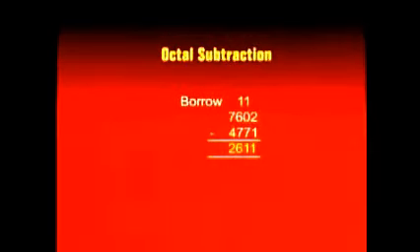Consider the subtraction of octal 4771 from octal 7602. The two numbers are subtracted by first subtracting the least significant digits, octal 1 from octal 2. The difference is octal 1. Next, octal 7 is subtracted from octal 0. A borrow is required from the next most significant digit. Borrowing a 1 means subtracting octal 7 from octal 10, which is decimal 8. The difference is octal 1.